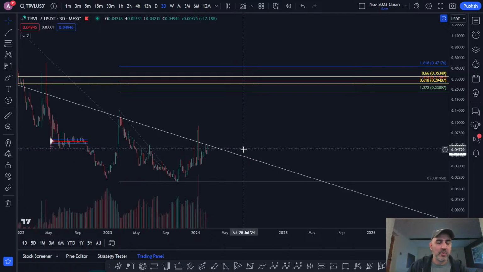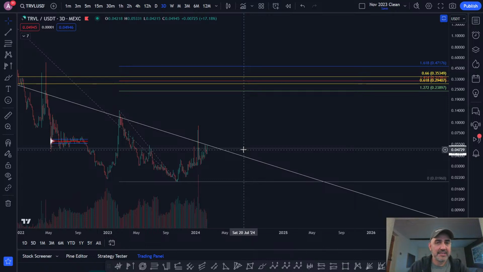I want to see a wave 1, which is impulsive, a corrective wave, which is a wave 2, a third wave, which is impulsive, a wave 4, which is corrective, and a wave 5, which is impulsive. I'm looking for 3 impulsive waves and 2 corrective waves. So unless I see that, I'm not going to be taking profit.